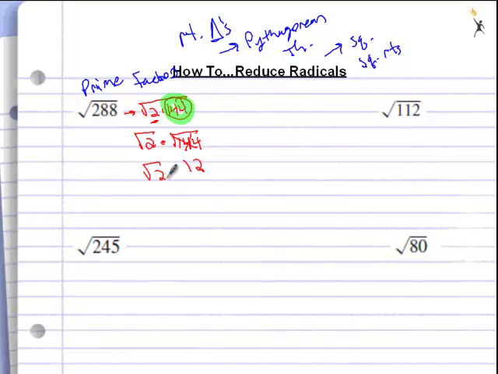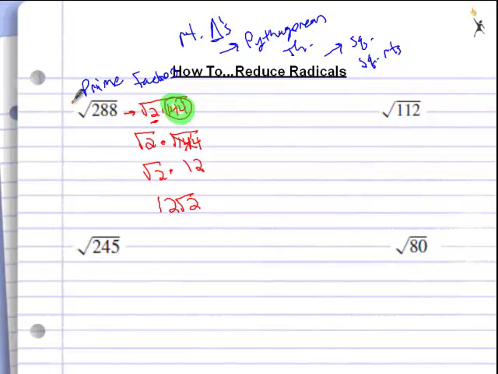Which means, and again, we still haven't changed any answers here. We're going to find out that the square root of 288 is a decimal, and our answer will be the exact same decimal. We didn't change our answer, we just changed what it looked like. And so instead of saying the square root of 144, I'm going to say 12. Now I'm still multiplying these two together, but instead of saying the square root of 2 times 12, I'm going to write it as 12 times the square root of 2.